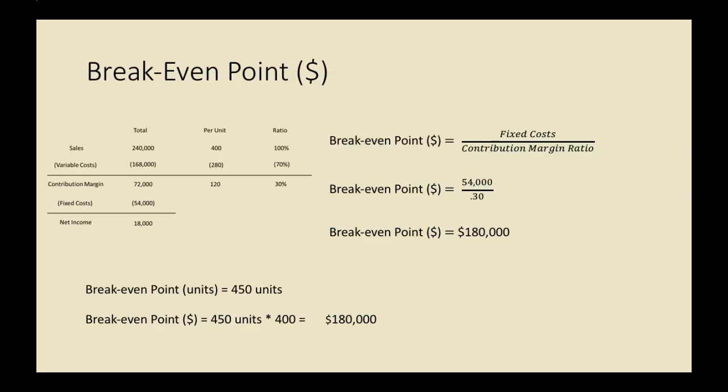Right? Because your break-even point is your break-even point. So those 450 units and the $180,000, they're related because they are both at that same point. Just one's in units and the other one is in dollars.